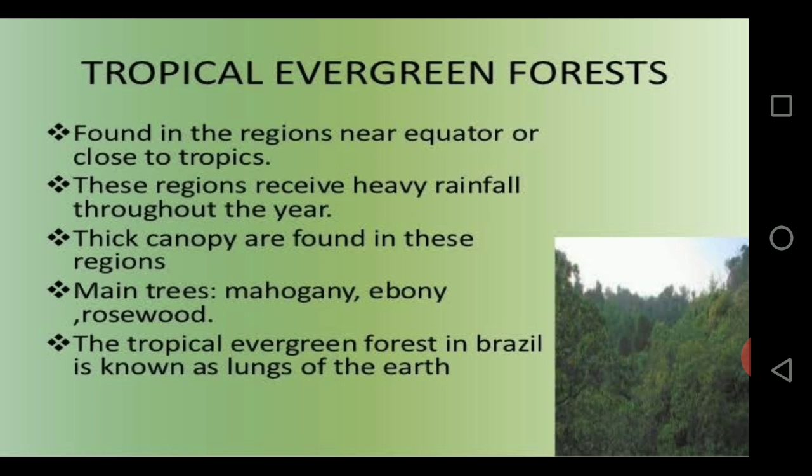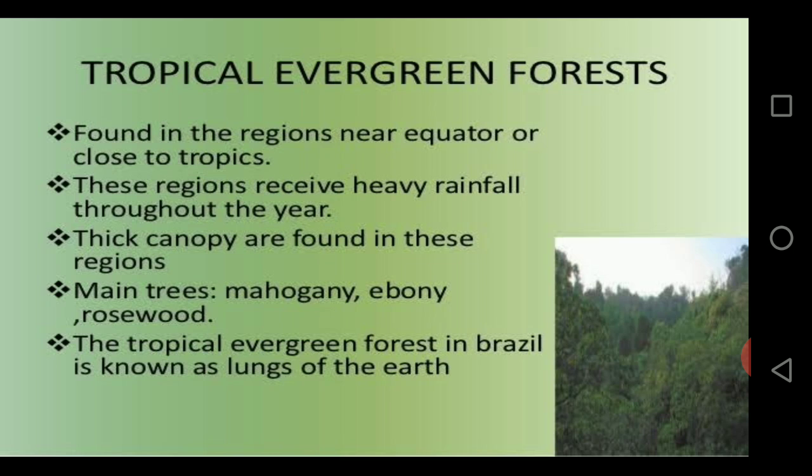It means the covering of the plants is so thick that we are hardly able to see the ground. The sun's rays sometimes do not reach the ground, and because of that it is very marshy. Main trees found in this type of forest are mahogany, ebony, rosewood and the like.